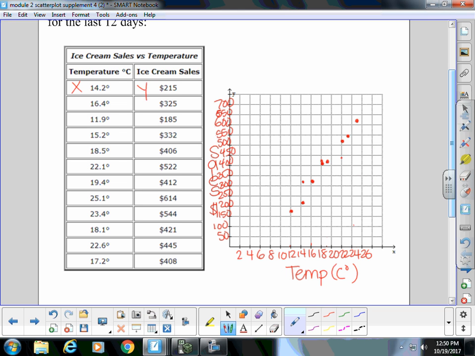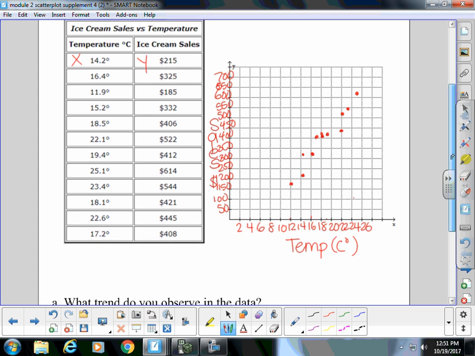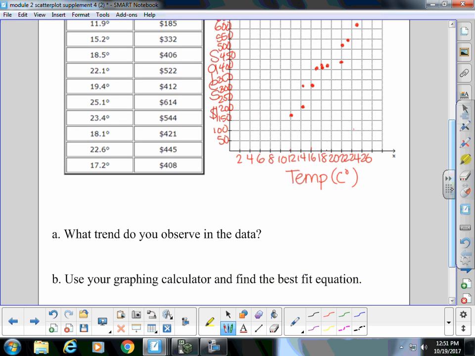Just below 450. 17 and 408. Okay. So it's looking like a positive trend again. So what do I observe? This is positive, so what that means is as the temperature increases, ice cream sales increase.